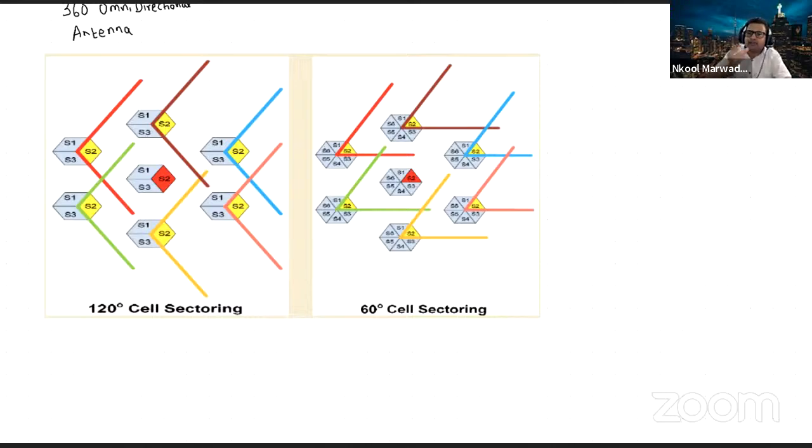So cell sectoring can be done in two ways: 120-degree and 60-degree, and they have pros and cons. Which one is more efficient, we will discuss later.